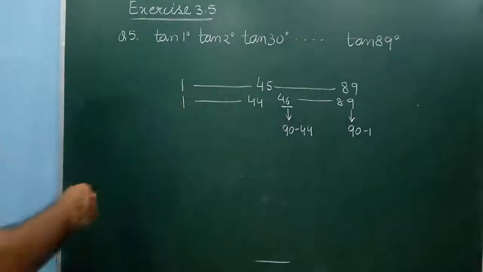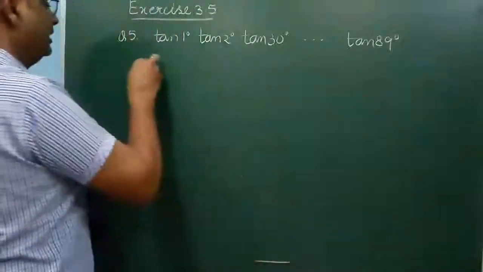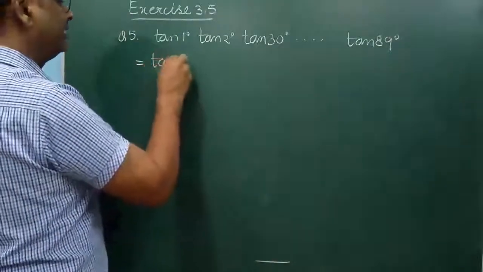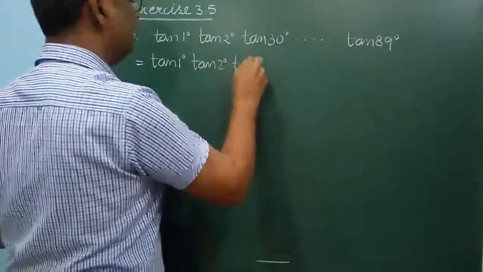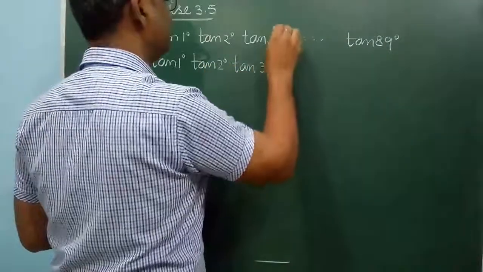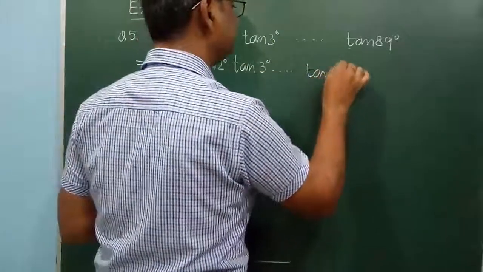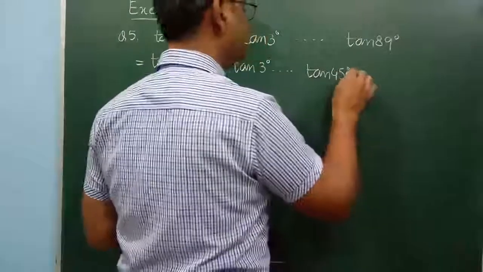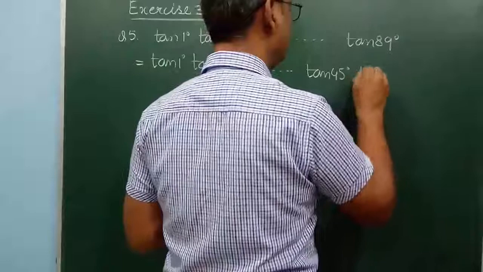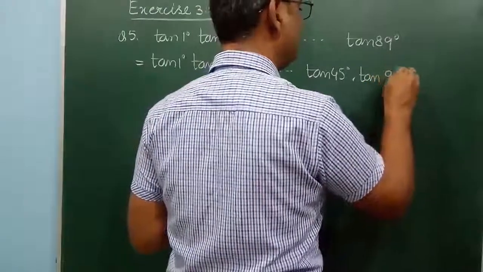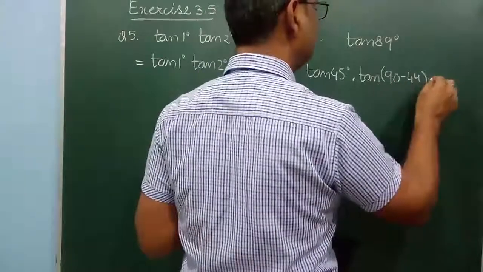So we will be using this here. Here we will be writing tan 1 degree, tan 2 degree, tan 3 degree, and so on, tan 45. After tan 45 it will be into tan 90 minus 44, 46 we can write as 90 minus 44, and so on.